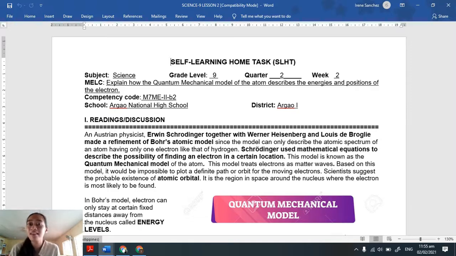And then here now is the second SLHT. To continue on that, we have the scientist Mr. Erwin Schrödinger, together with other scientists such as Heisenberg and de Broglie. This is read as de Broglie. The last meeting was about the Bohr's planetary model, where we distributed the electrons.